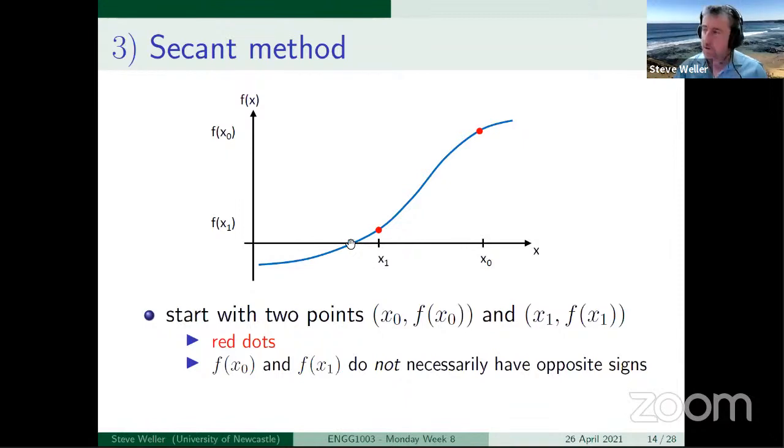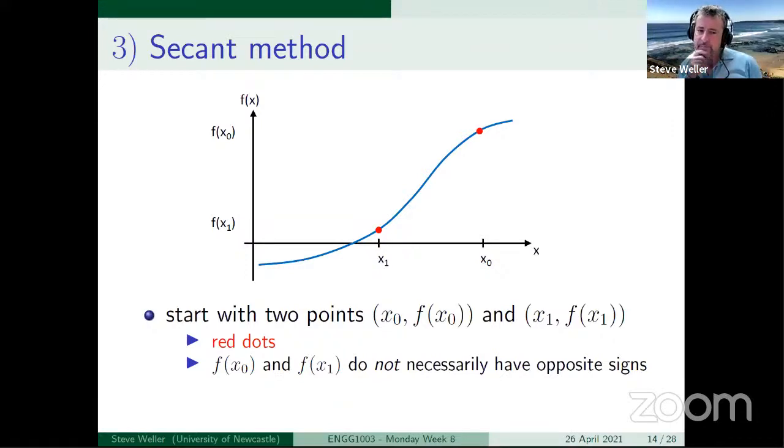Unlike the bisection method, we can start the secant method with 2 x values. They don't even have to be on opposite sides of the solution. They've just got to be 2 different values of x. And as long as the function f is well behaved, we'll talk about that later, then the secant method would also work.